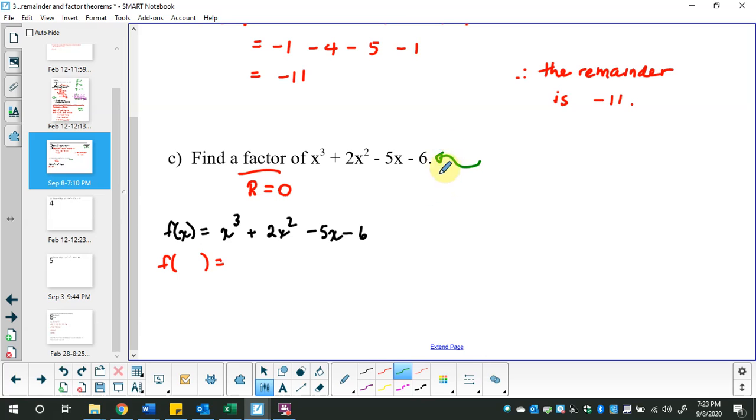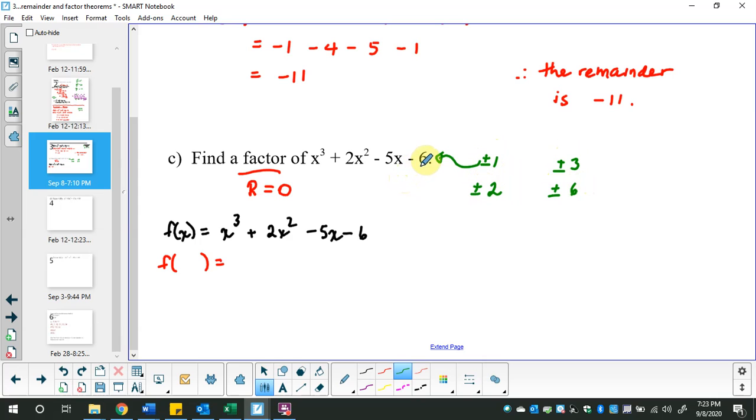The constant is the number that doesn't have any letter. So if you can find numbers that divide into 6, so ignore the negative for a second, like 1 and 2 and 3 and 6, and use both positive and negative versions, those are the only possibilities for you.